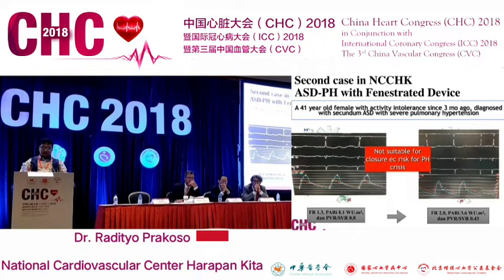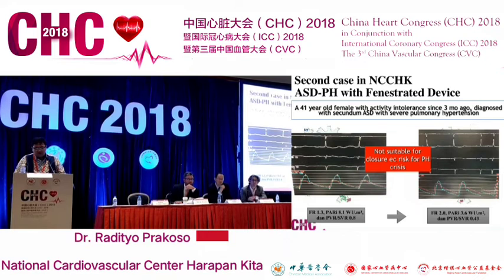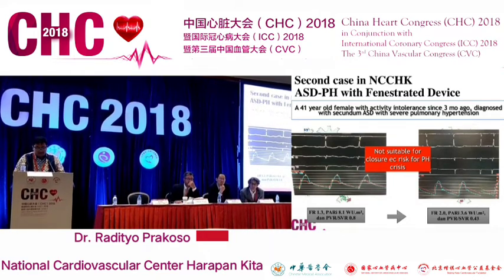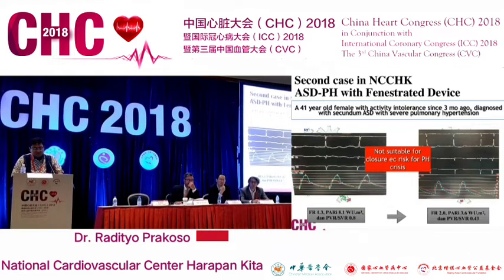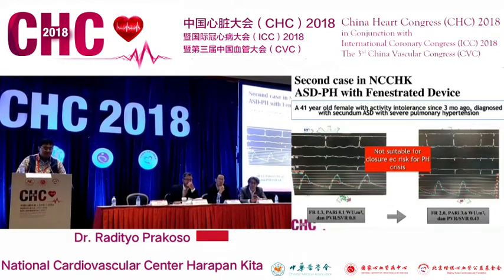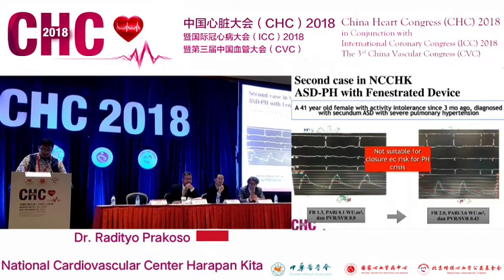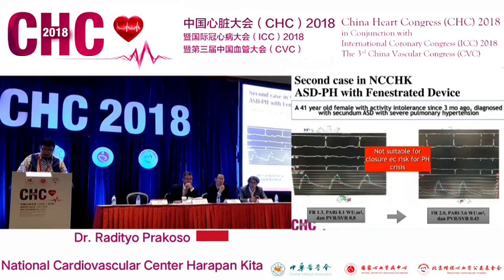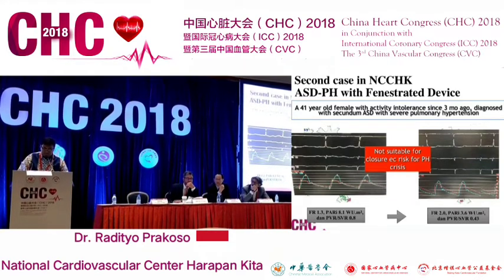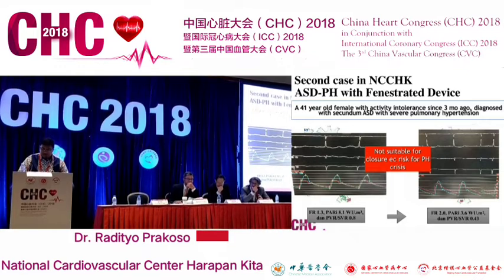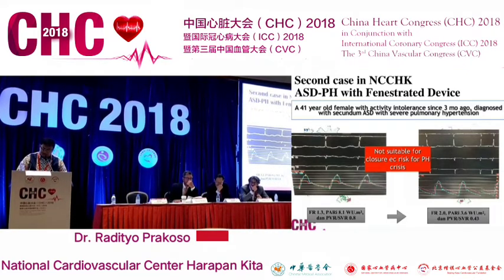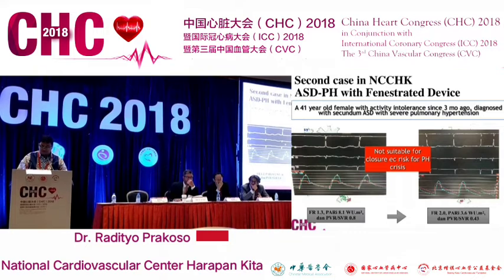And then this is the second case, a 41-year-old female with large secondary ASD and severe pulmonary hypertension. See the graph, the pulmonary systolic pressure exceeds the systemic. And then we calculate the ratio, it is 0.8, quite high. And after the vasodilator test, it is still high, 0.43.